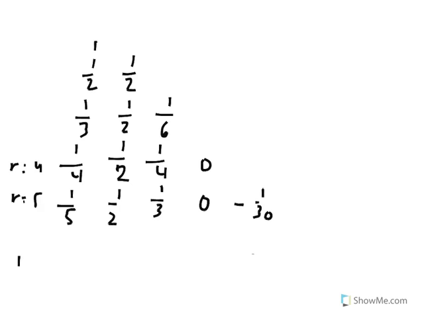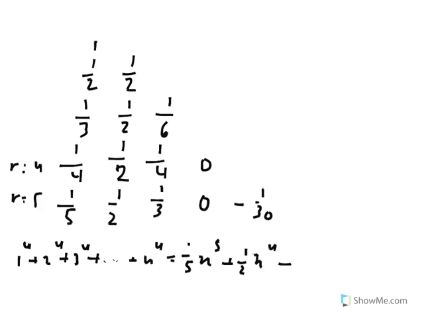And this means that the sum of 1 to the 4th plus 2 to the 4th plus 3 to the 4th up to n to the 4th as an expanded polynomial would be 1/5 n to the 5th plus 1/2 n to the 4th plus 1/3 n to the third, plus 0 n squared minus 1/30 n.